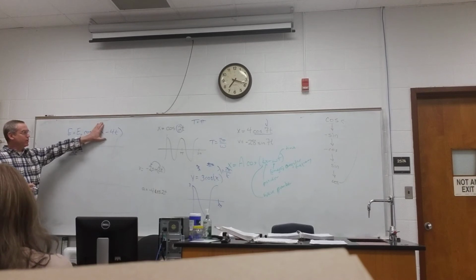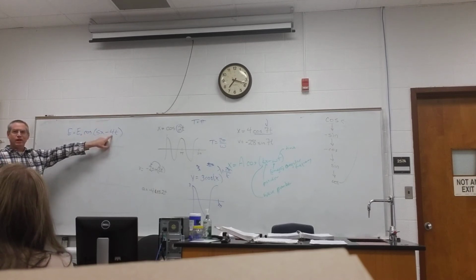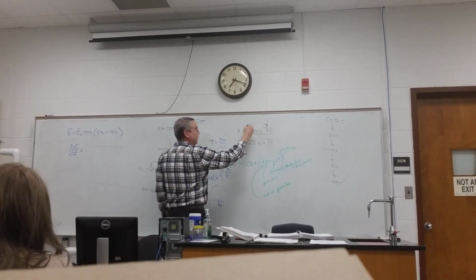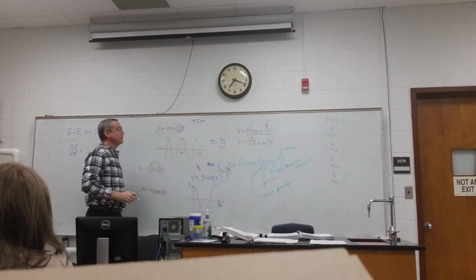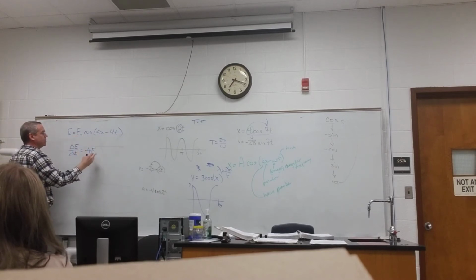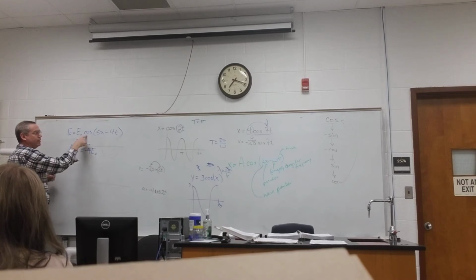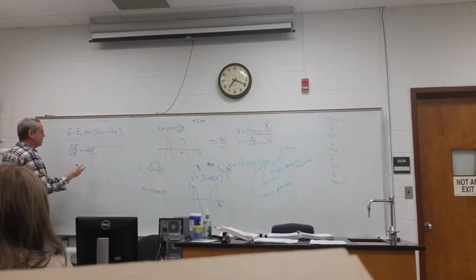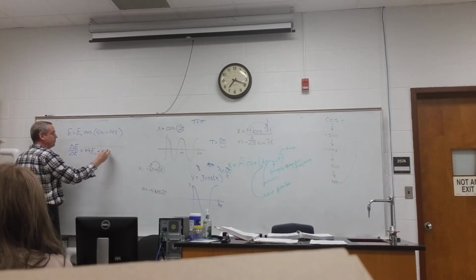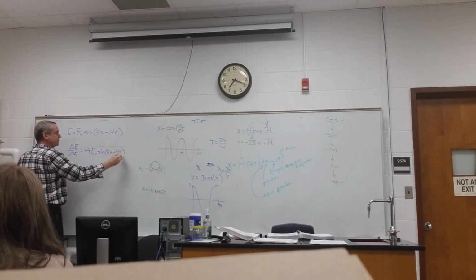I don't worry about this one right here. I worry about the time. So I take the number in front here. Remember, just like you take this number here and you multiply it times that to get this. We take this -4 and we multiply it out front, so this would be -4 E sub 0. And then cosine goes to negative sine, so that becomes positive sine of 5x minus 4t.